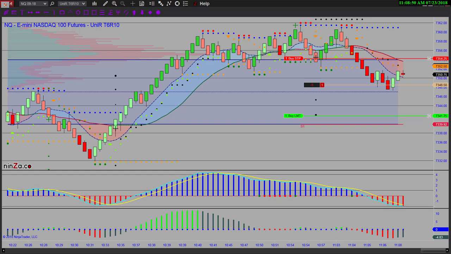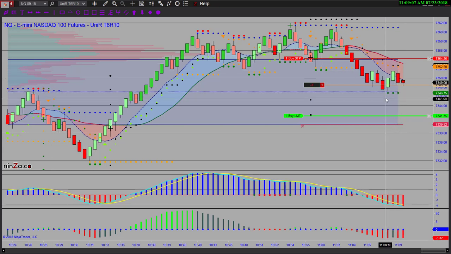We need to stop right here at the level around 51 and a half. It's got to be the upper bound of the bounce. All right, now we need to take out 46 and a half. Come on, down you go.